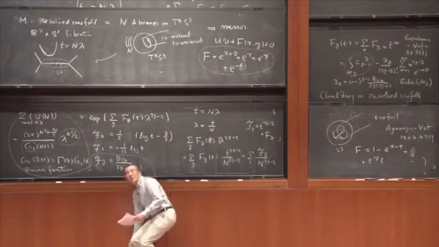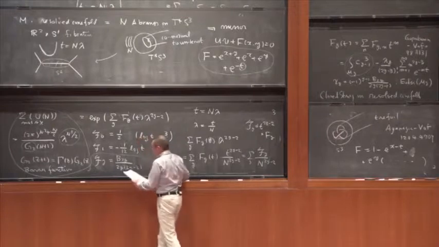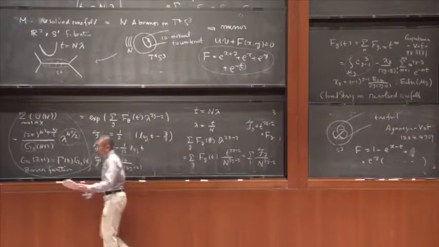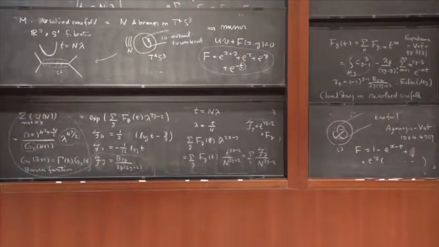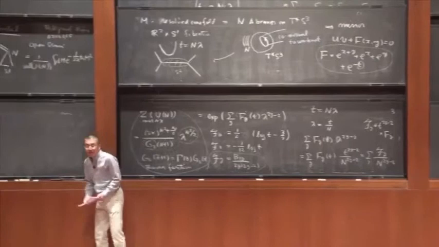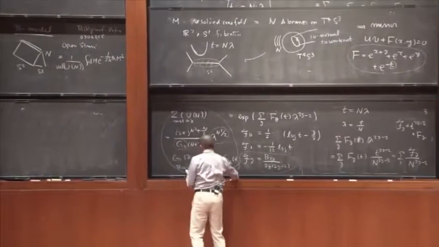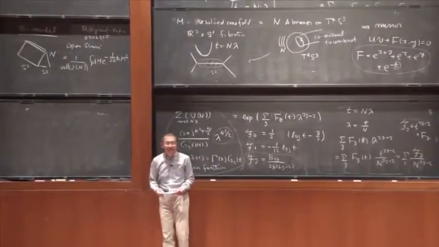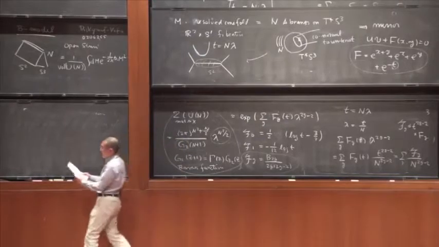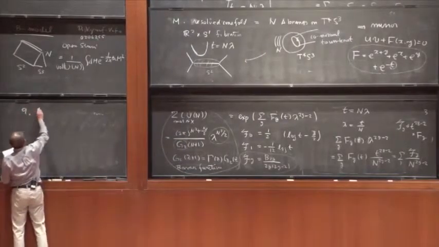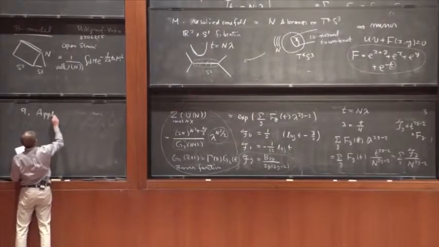Okay, so in the remaining 10 minutes or so, I would like to discuss the application of all these to type 2 superstring compactified on Calabi-Yau manifolds. Thankfully, Ed Witten already had some discussion yesterday, so I can borrow some of his talk.